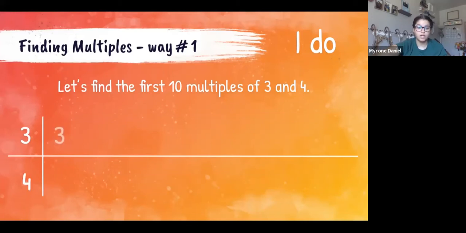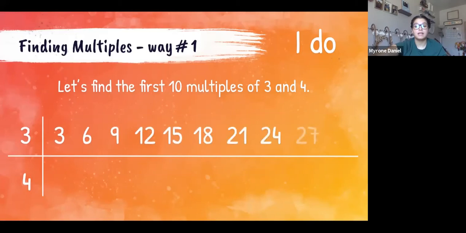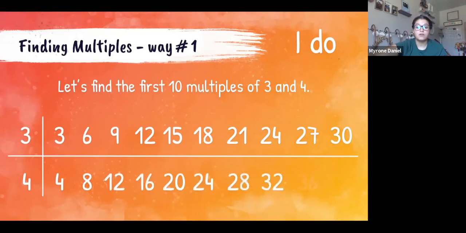So 3 times 1 is 3, 3 times 2 is 6, 3 times 3 is 9, 3 times 4 is 12, and so on until I get my 10 multiples. 3 times 10 is 30. We're going to find the first 10 multiples of 4. So 4 times 1 is 4, 4 times 2 is 8, 4 times 3 is 12, and all the way until we get our first 10 multiples. 4 times 10 is 40.